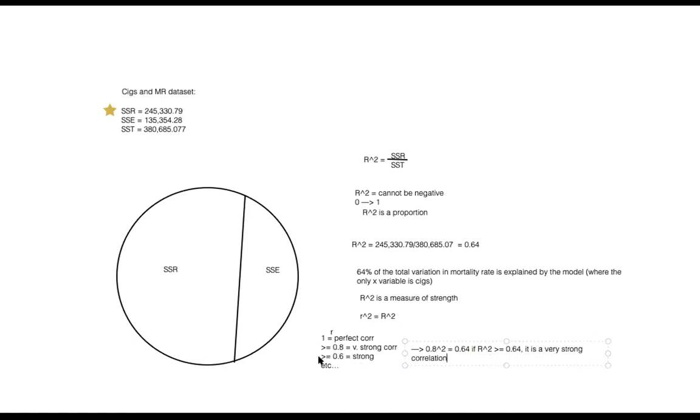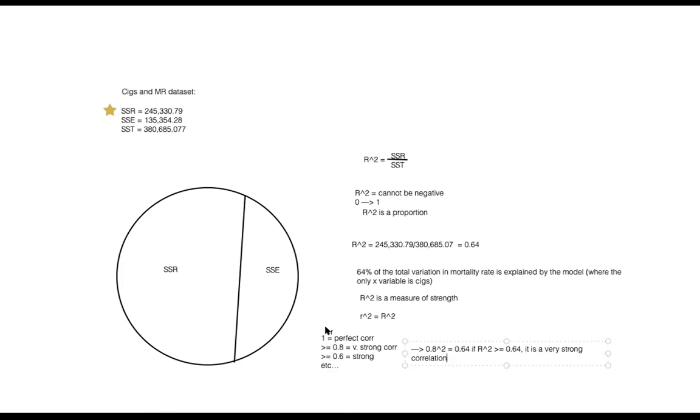And then you would do the same thing. 0.6 squared would give you the threshold for R squared for what is considered a strong correlation. You do it again for 0.4 for a moderate, and 0.2 to figure out the threshold for a weak correlation, etc. These are the thresholds.